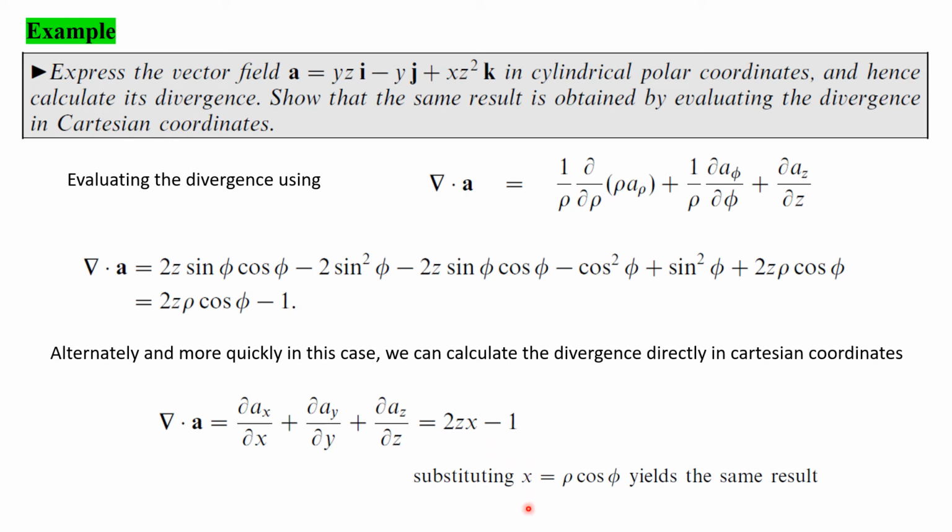If you substitute x, which is equal to ρ cos φ, you'll see that this one and this one are actually the same. So you obtain the same result by evaluating the divergence in Cartesian coordinates and by taking the divergence in terms of the cylindrical polar coordinates. You just remember to always substitute afterwards if you're going to evaluate using the Cartesian coordinates.